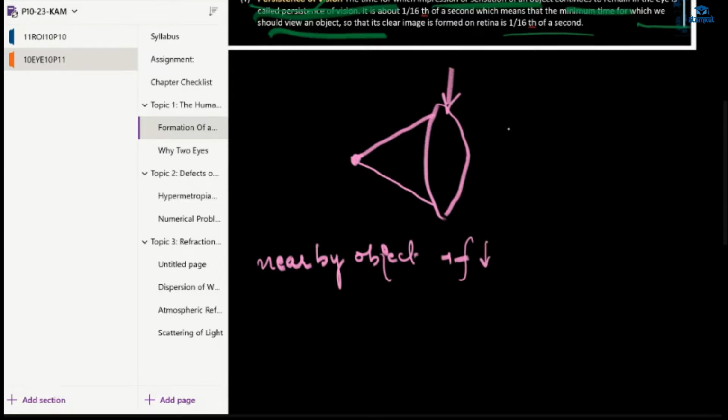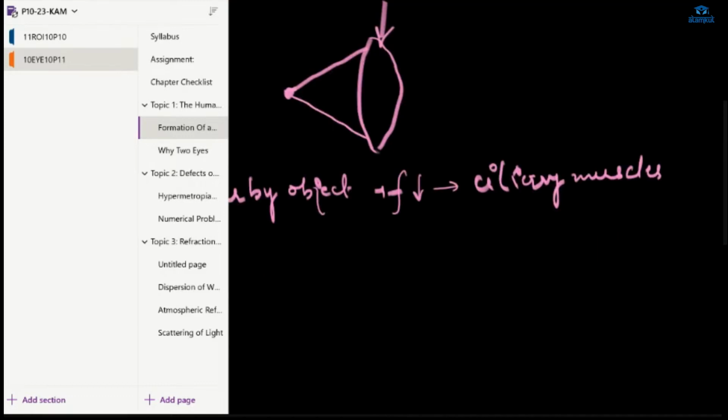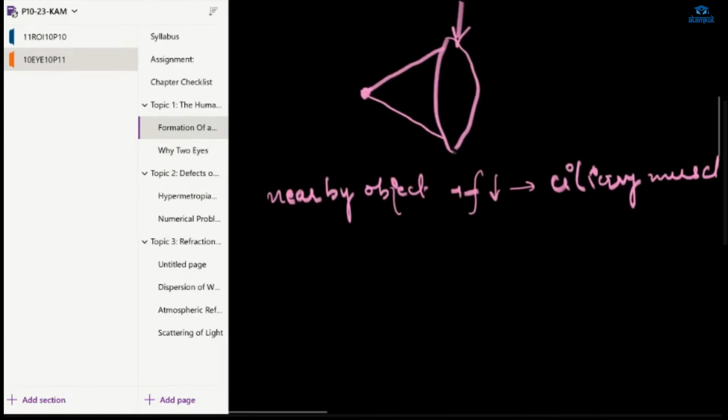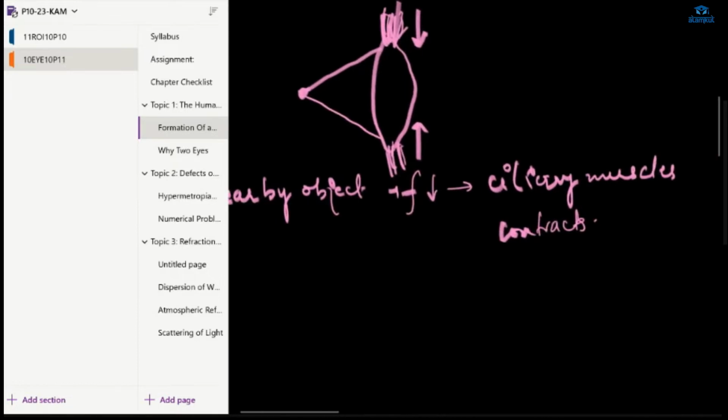Decreases. Okay. Why? Because what happens to the ciliary muscle? Does the ciliary muscle contract or relax? It contracts for a nearby object, right? It pushes the lens, making it thicker.